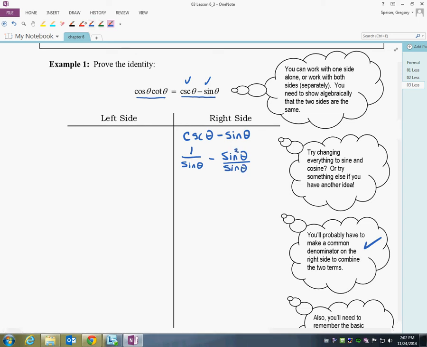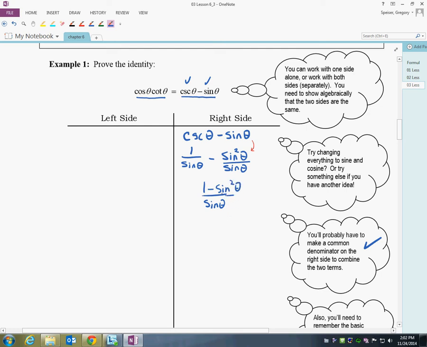So what I did from this step to this step is I multiplied by sine over sine, right? Okay, so now I can put it over one denominator, and that would be the sine of theta. And my numerator is 1 minus sine squared theta.